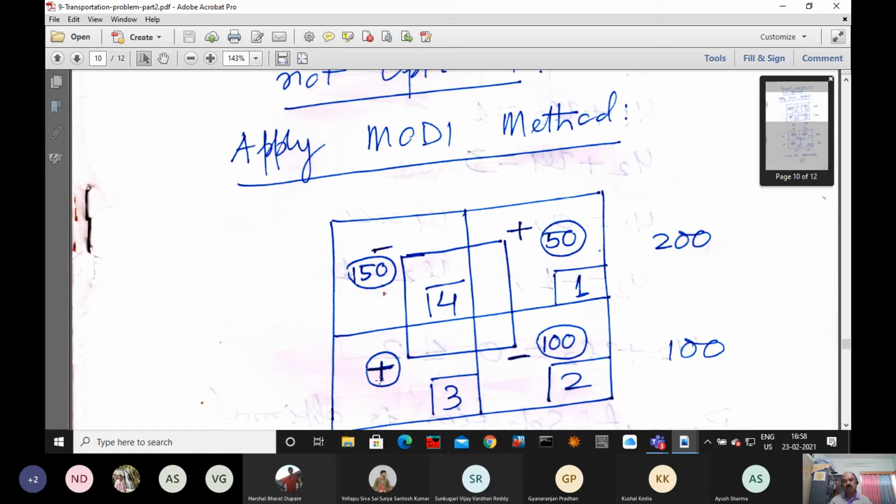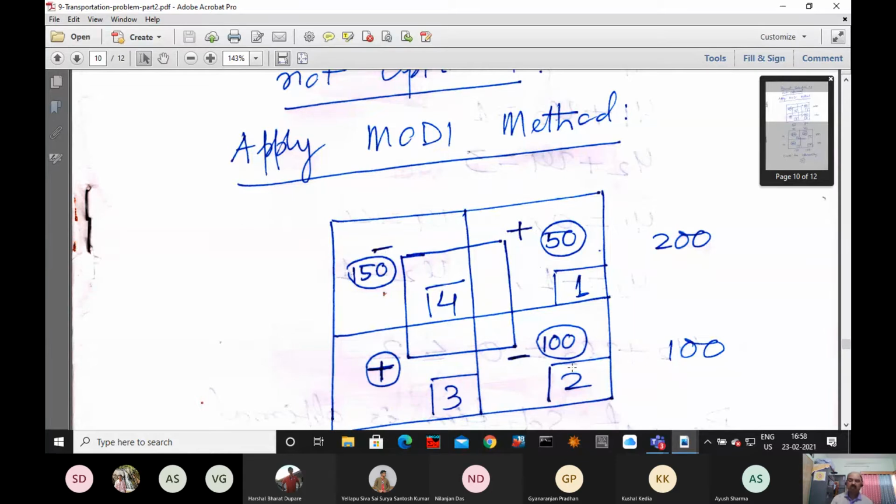For maximization type, most negative. So with respect to this cell, the variable is an entering variable. If this is the entering variable, one of the variables will depart. So the plus means it is an entering variable. Then it is minus, then plus, then minus.